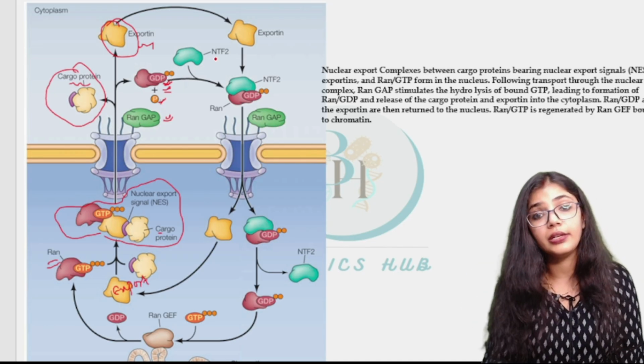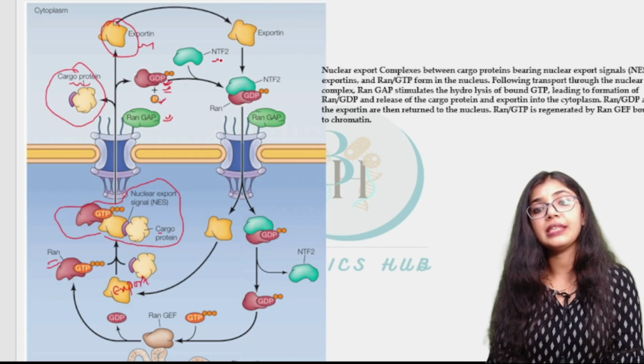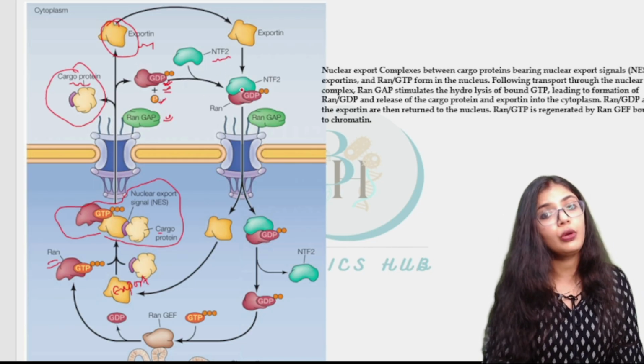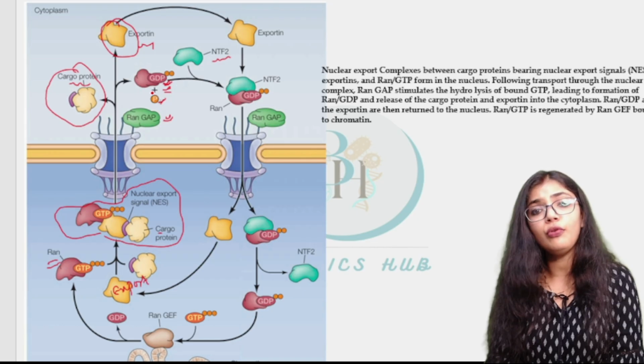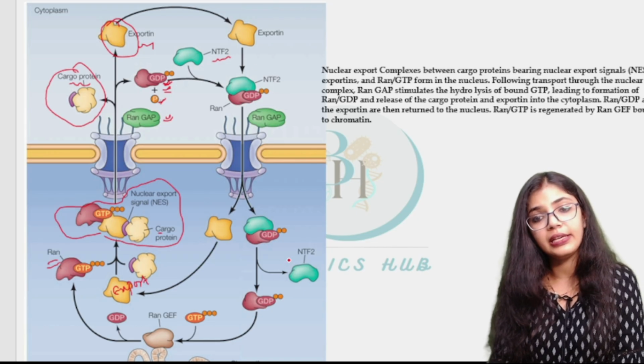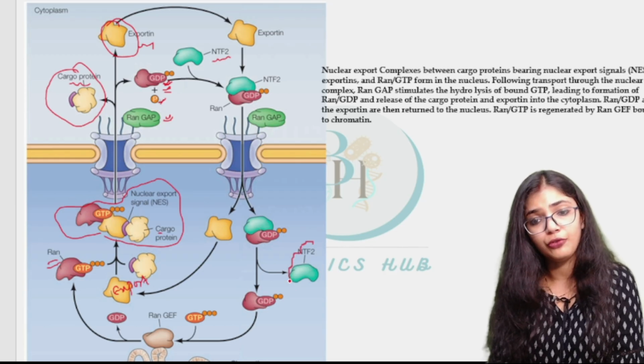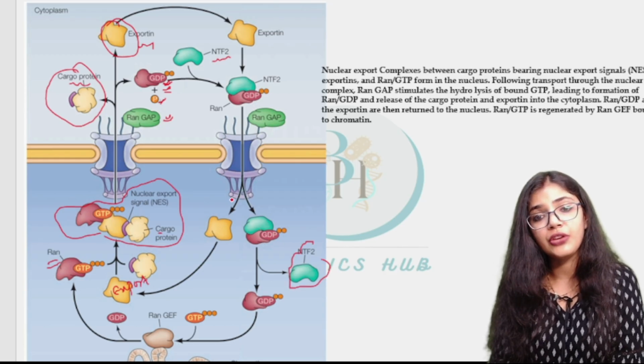For that it requires another protein known as NTF2. Along with this NTF2, RAN GDP and exportin protein are transferred, and here there is release of the NTF2 protein and dissociation of the exportin protein and the RAN GDP.